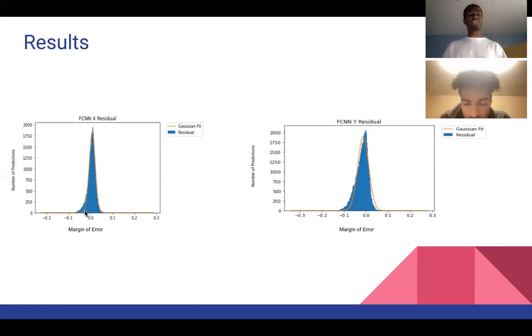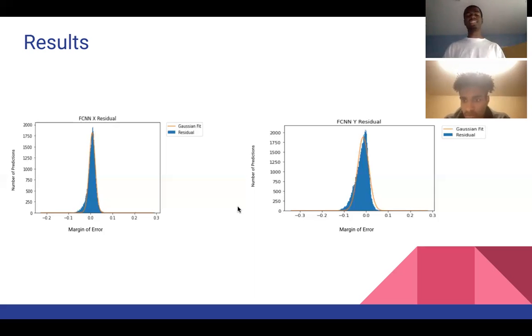The X predictions never really reach negative 0.1 or 0.1. So the margin of error is sort of at a 0.00 stage. Most of the X errors are going to be that type of margin of error, which is really, really good. It's a good degree lower than what we were seeing previously.